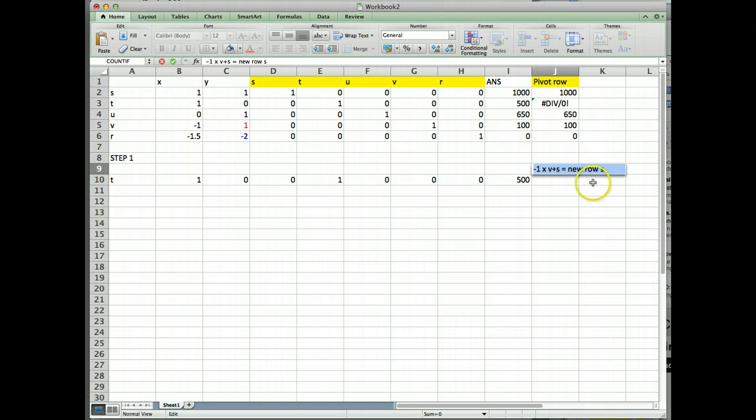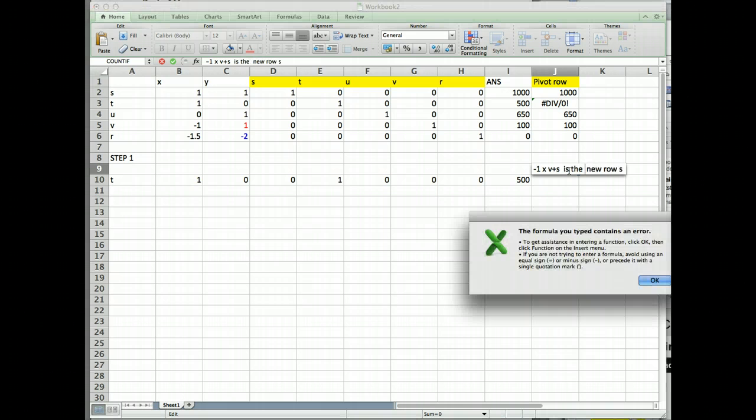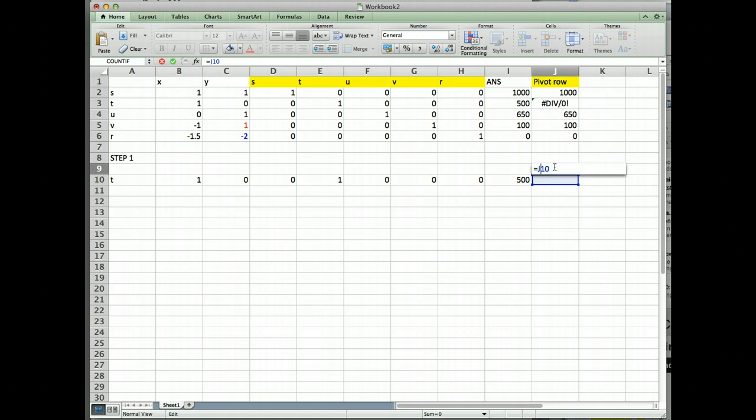It doesn't like that equal sign, so we'll just leave a space there. Is the new row S. Oh, come on. Okay. Apparently it's not going to like that. I'll try and get it in there as a text column.